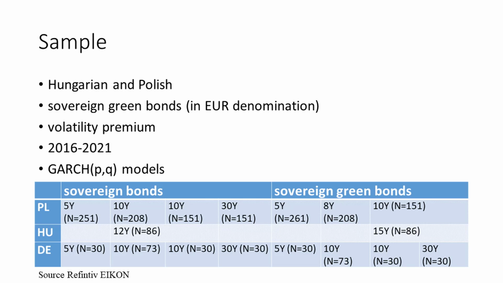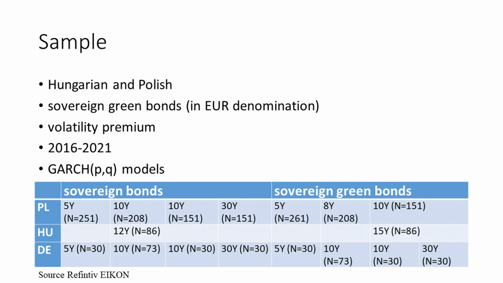We had to look for bonds issued by these governments in euro denomination, and the market started to appear in 2016. So practically what we were able to do here is to check what is happening in Poland. You can see that there were parallel bonds with longer maturities.